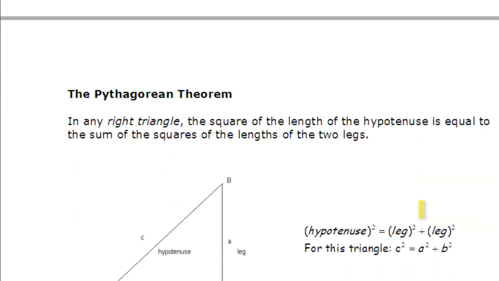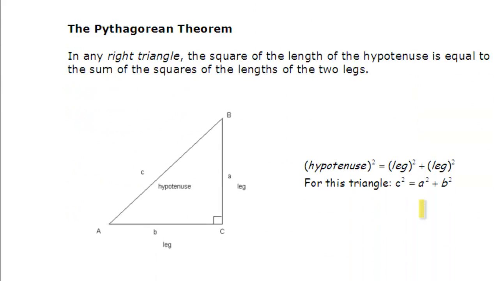The Pythagorean theorem is one of the more important theorems that we're going to see, and we're going to see it come up in a number of different forms. For a right triangle, and that's very important, this is specifically for a right triangle and only a right triangle, the square of the length of the hypotenuse is equal to the sum of the squares of the lengths of the two legs.